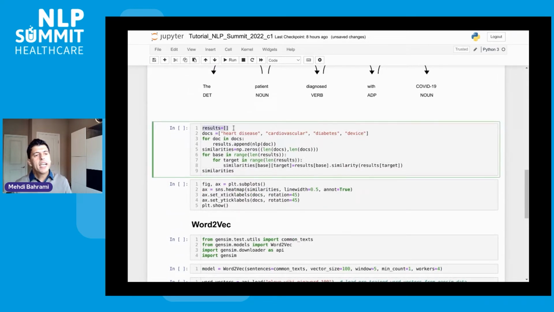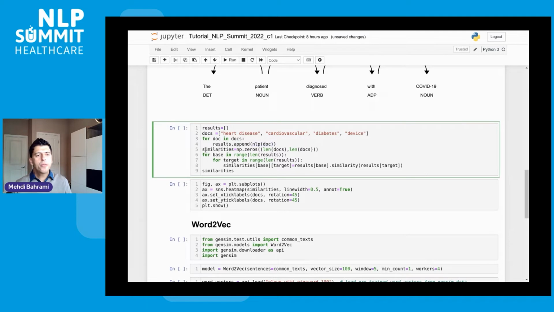Now we're going to look at different documents. Let's say we have a list of different words, and we look at the similarity between these words. For instance, heart disease, cardiovascular, diabetes, and device. As you can see, device is completely off from the other words.